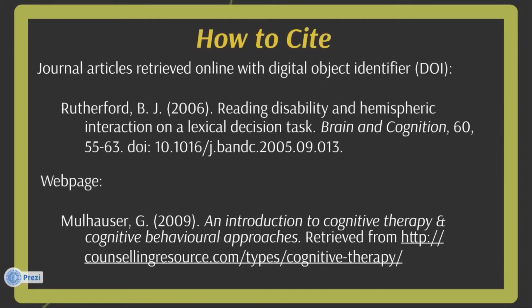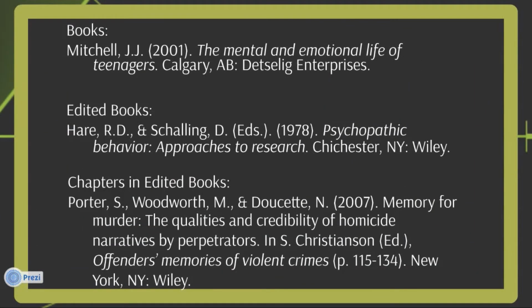Sometimes you may want to cite a web page itself, in which case you will be providing the URL. Books can be cited by themselves. You can cite edited books, which are collections of different authors' work, or you can cite chapters in edited books.